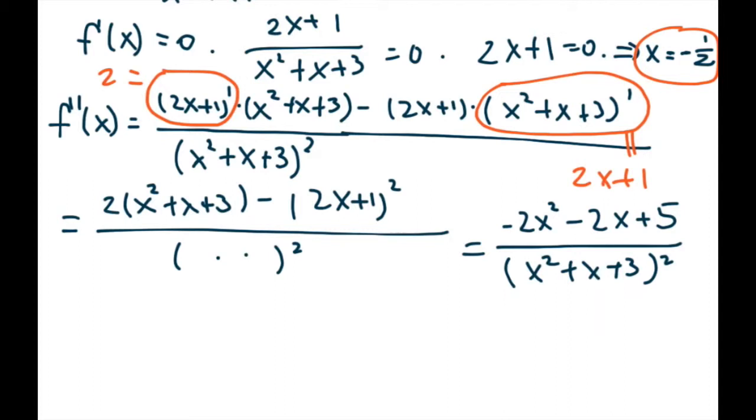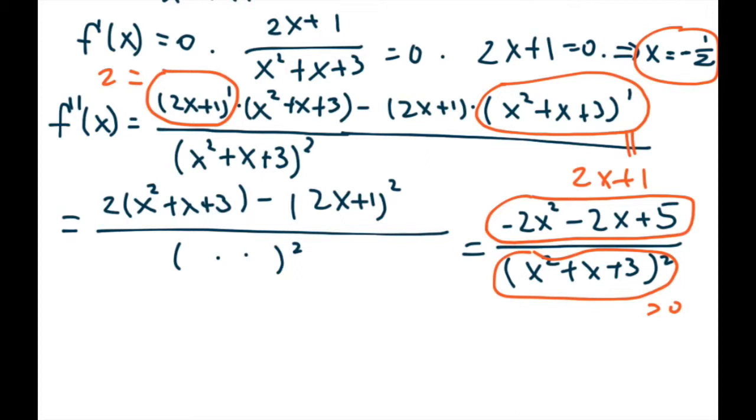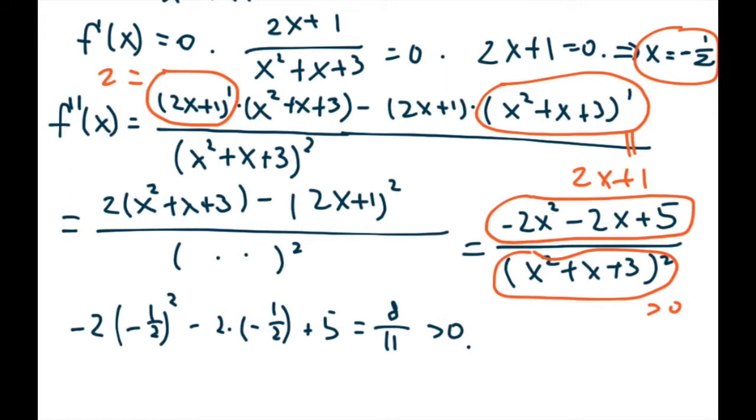Okay? So we can see that the denominator is always positive, and it is sufficient to check the numerator. So we're going to plug -1/2 in, and we have -2 times (-1/2) squared minus 2 times (-1/2) plus 5. If you calculate this out, it is equal to 8 over 11, which is greater than 0.